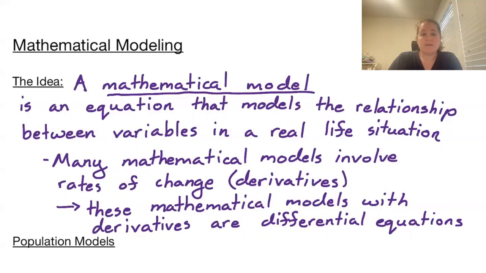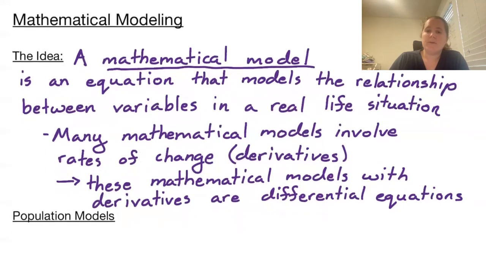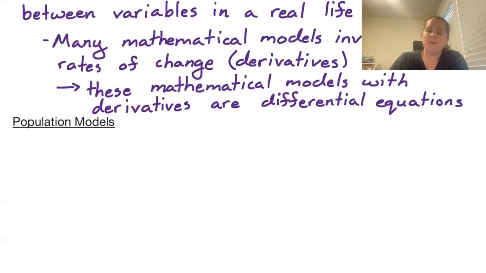So we're going to look at just a very basic mathematical model, or a few very basic mathematical models here. And in the next video, we'll see some more from other regions of science. So this first one, we're going to look at population models.